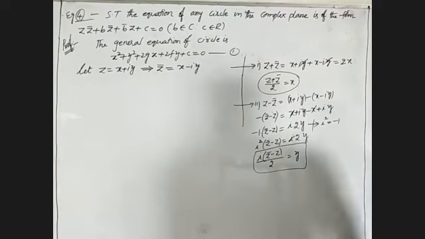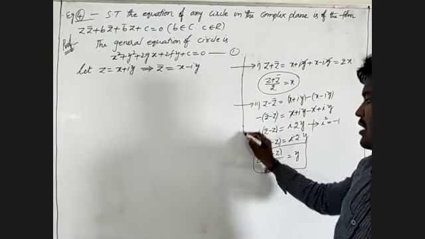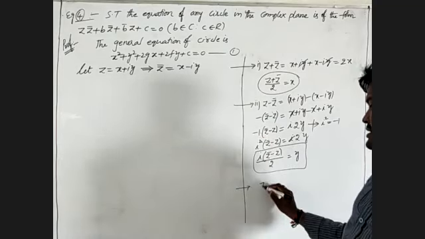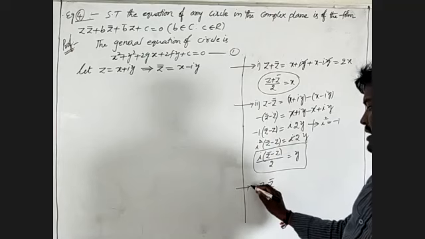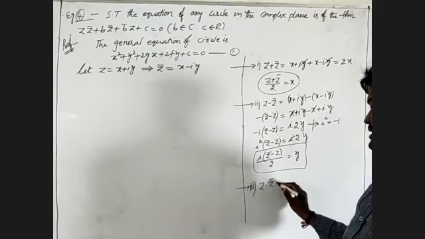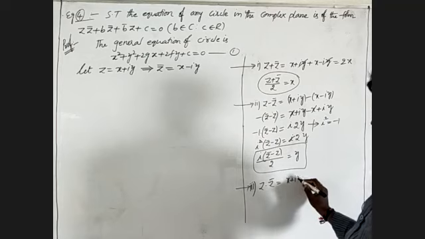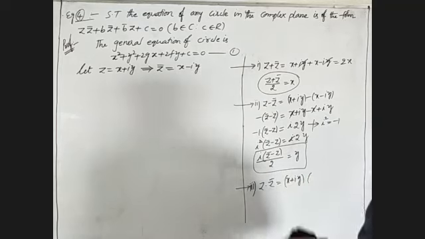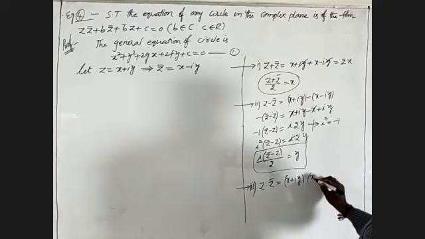We know the values of x and y. Next we take z into z bar, where z is x plus iy and z bar is x minus iy.